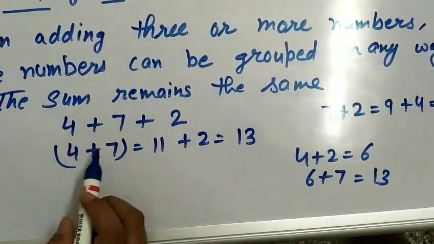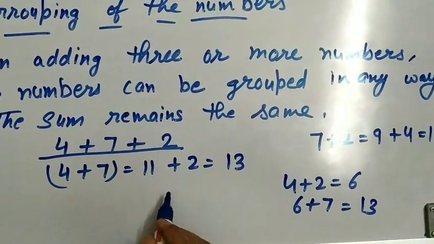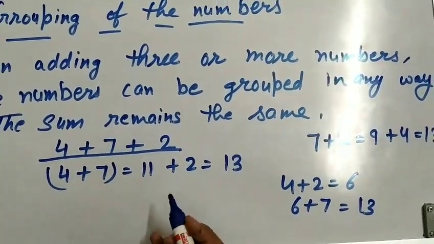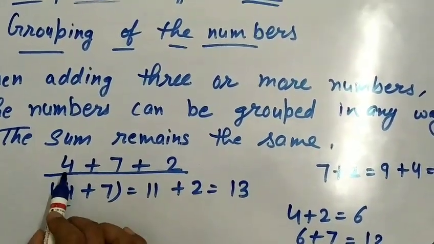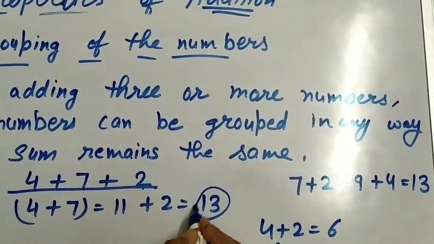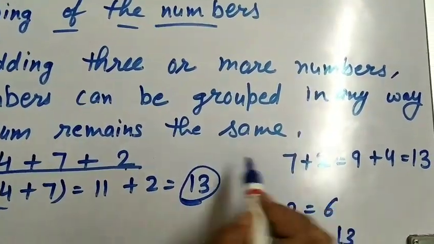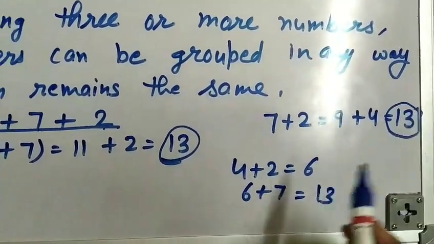See, I am adding these three numbers in three different ways. It means I am grouping in any way. Firstly I am adding 4 and 7, then add 2, answer is 13. Then 7 and 2, then 4, answer is 13.